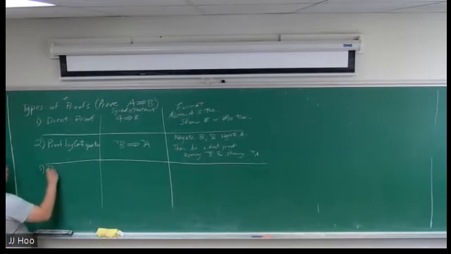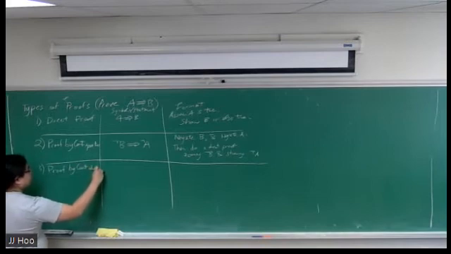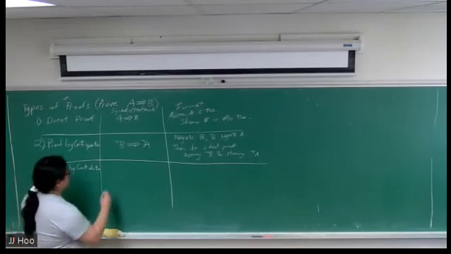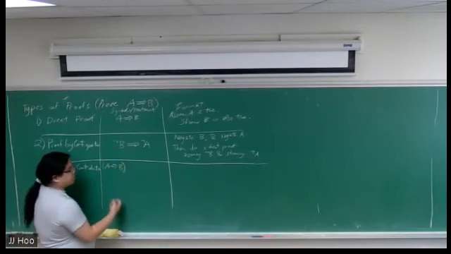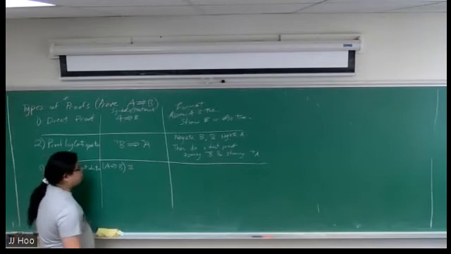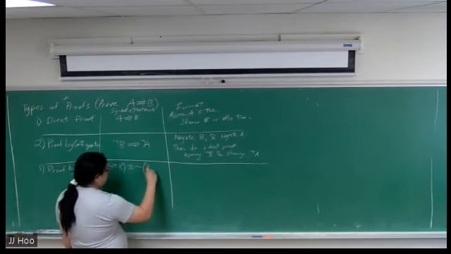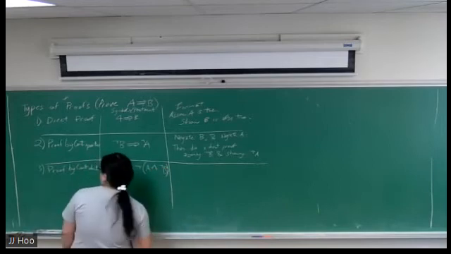Here we have a proof by contradiction. And so here's the idea, right? A implies B, we said, is logically equivalent to the negation of A and not B, right?